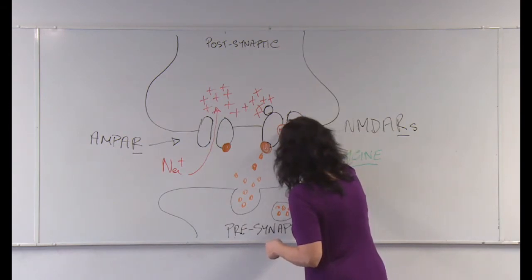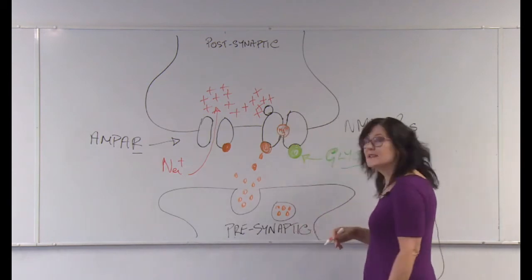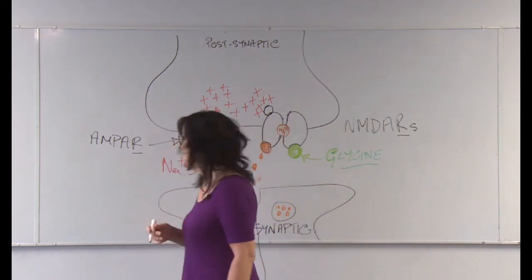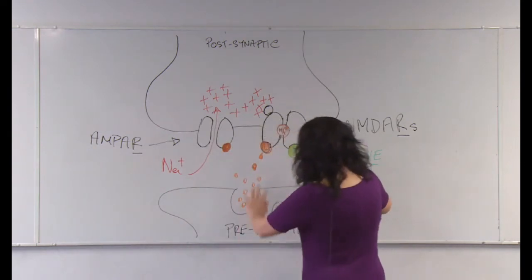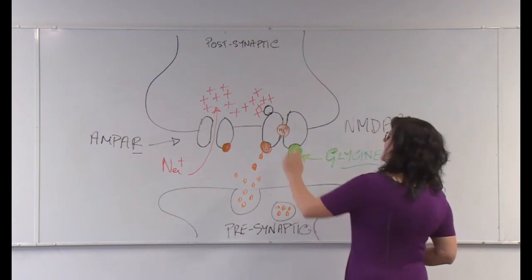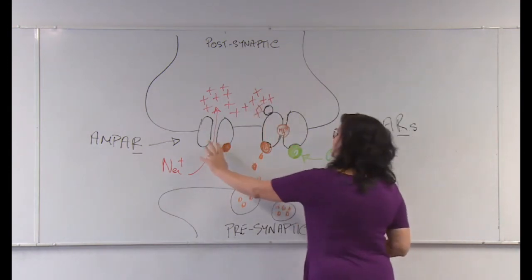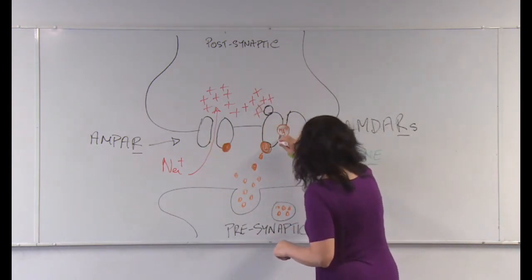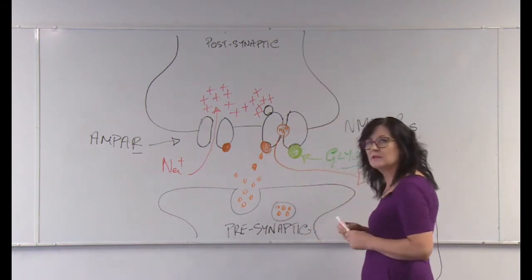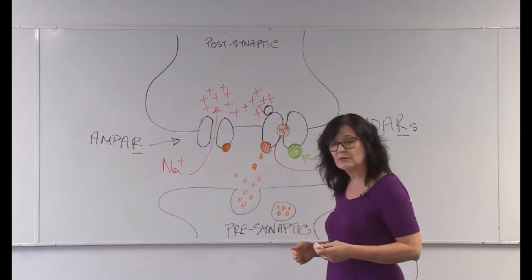Magnesium is a double cation, a bit like calcium, or iron for that matter. When we get glutamate binding, glycine binding, and depolarization via the AMPAs, magnesium comes out of the channel and opens the channel.